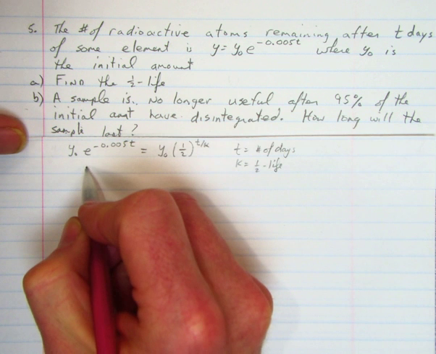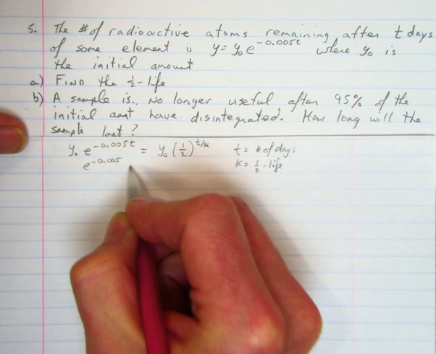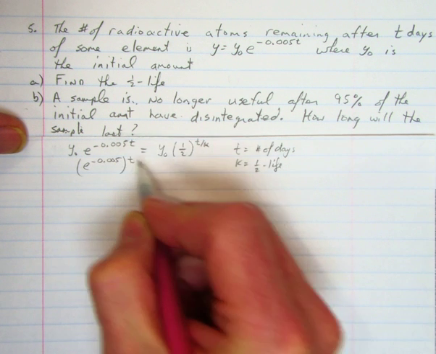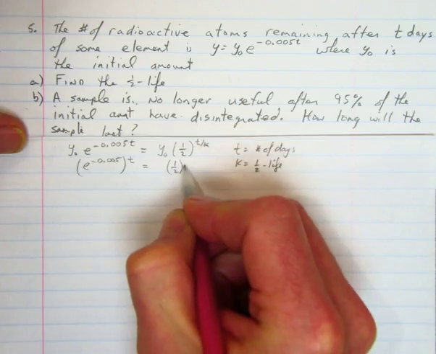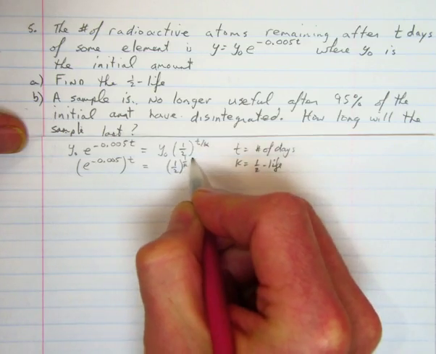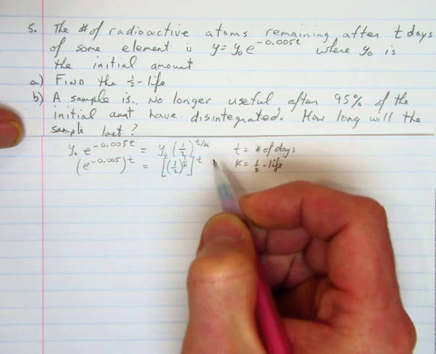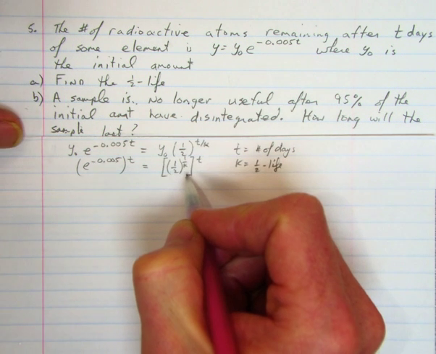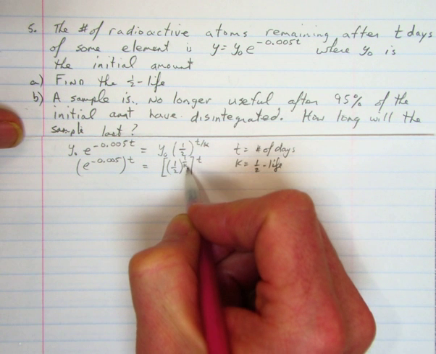Then we can see this as the following: e to the negative 0.005 raised to the t equals 1/2 to the 1 over k to the t. Recall also what we did today in problem number 2.